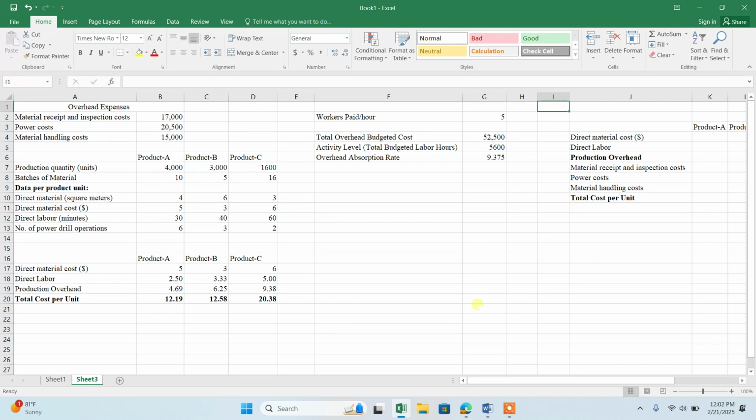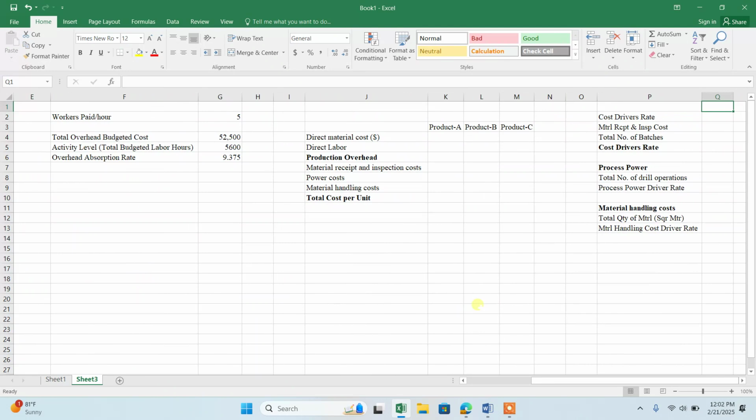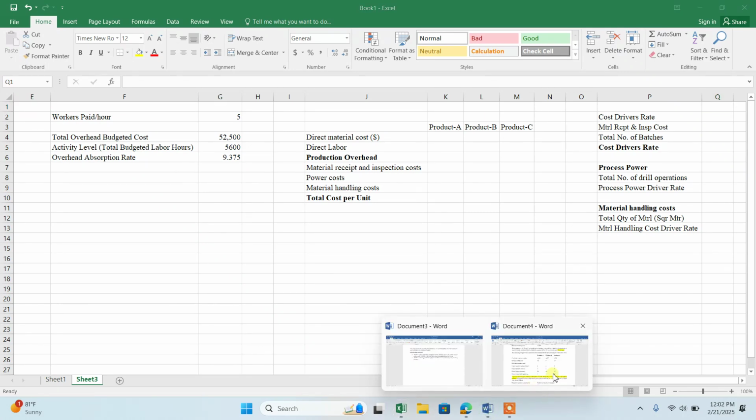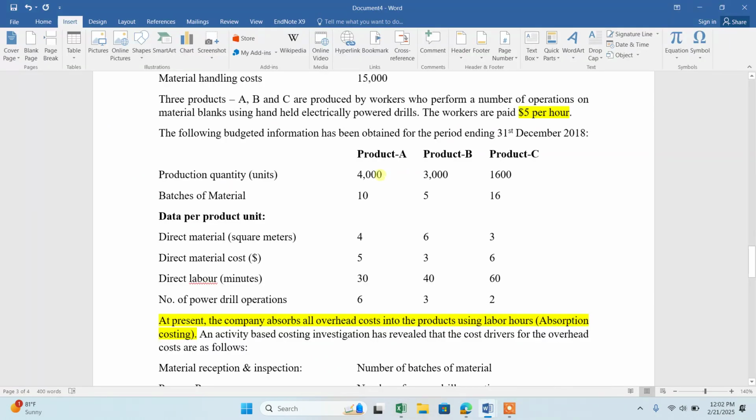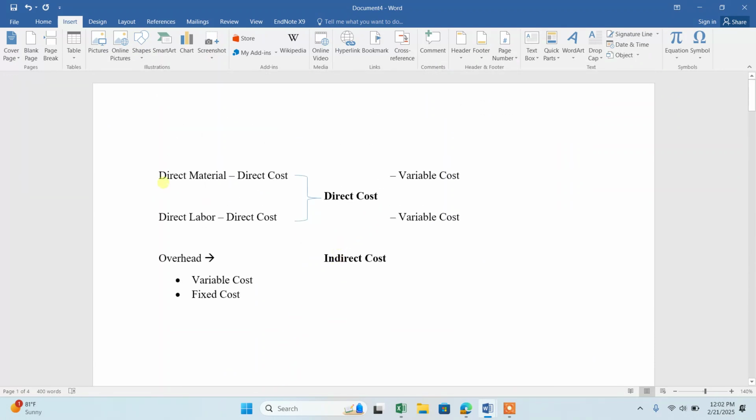As I told you, whether you are using absorption costing or activity-based costing, the first two components, direct material and direct labor, in other words the direct cost involved in the production, will remain the same in any case. The only question arises when we are calculating the overhead cost per unit.